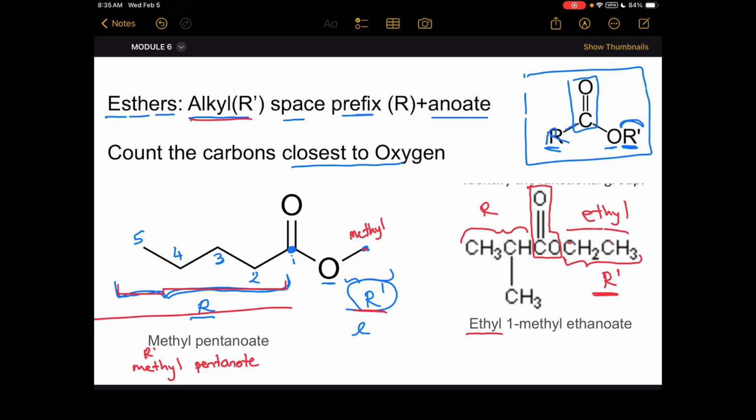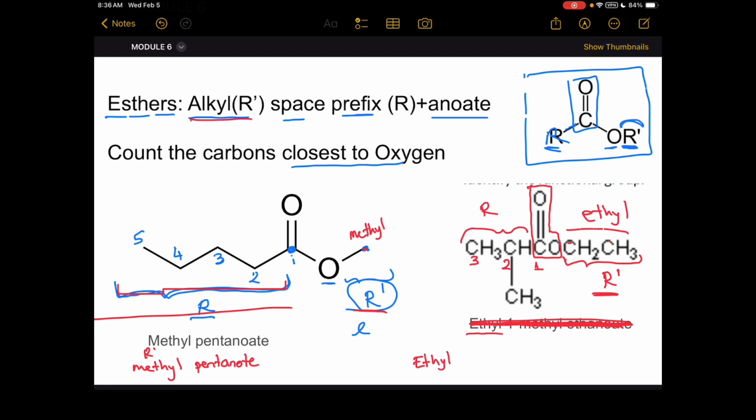How many carbons in the R group? 1, 2, 3. So let's cross this naming here. And if I have 3 carbons, we start with ethyl, which is our R prime.